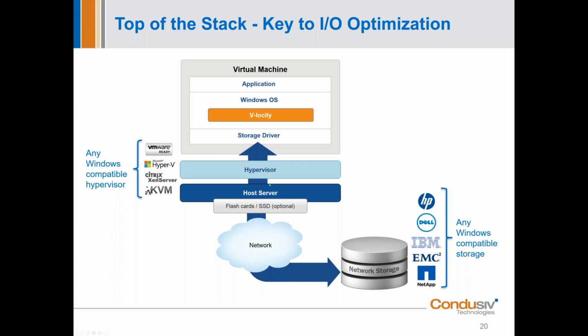So this would be your VMware ESX or ESXi server, and it's hosting this Windows virtual machine. And as you can see, V-locity is just installed as any other piece of software would be into the Windows operating system itself. You don't install anything down at the host or hypervisor layer. We don't need to hook anything here to make it work, and we don't need to hook anything down here at the storage layer either.